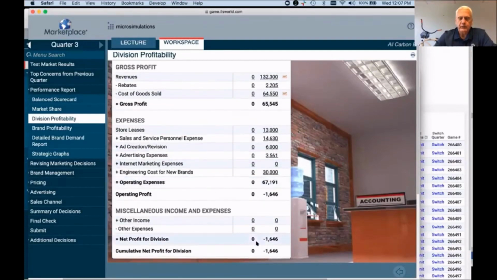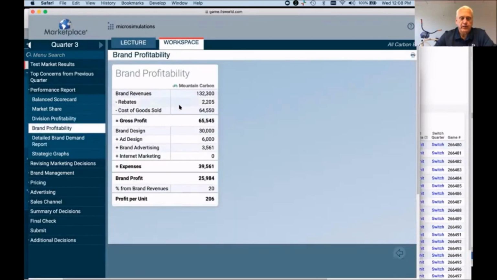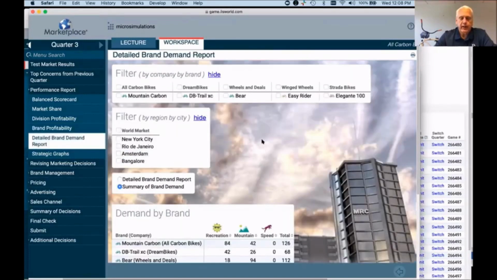So my net profit, taking into consideration all my expenses, I have a loss of 1,646. I can look at my brand profitability, and I'm getting 20% brand profit. And here are all the expenses related to the mountain carbon. This will have more meaning to you when you have 2, 3, 4 brands. And then I can look at detailed brand demand.